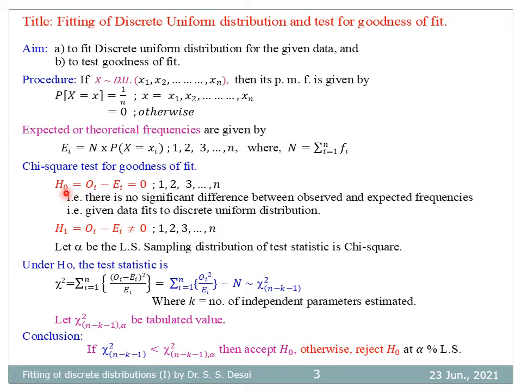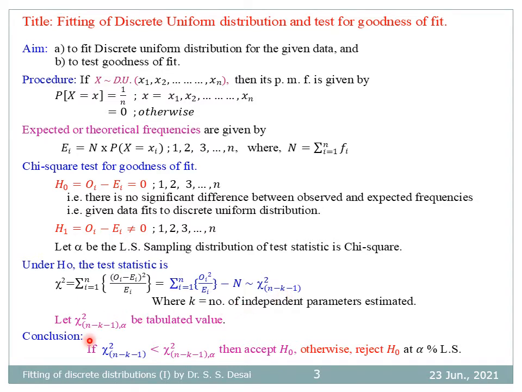So these are the null hypothesis and alternative hypothesis. Under H0 the test statistic is chi-square equal to summation of (Oi minus Ei) square by Ei, and for simplicity of calculation we can write this statistic as summation of Oi square by Ei minus n. This quantity follows chi-square distribution with n minus k minus 1 degrees of freedom, where n is the number of frequencies after pooling and k is the number of parameters estimated.